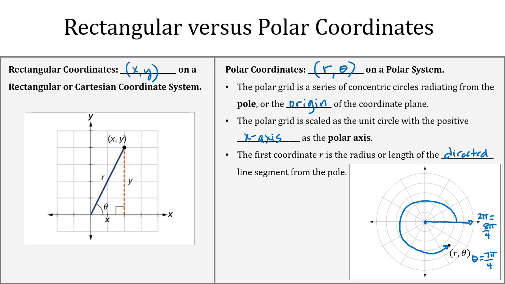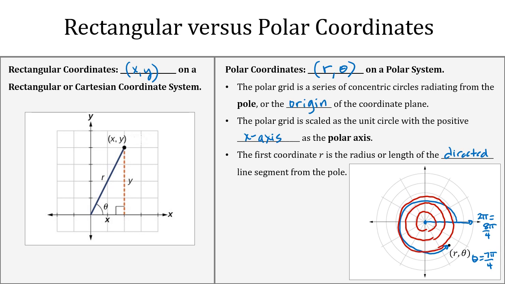Second, we would then estimate the radius of the concentric circle that the point lies on. Now, I attempted to draw that circular, but I'm a little bit off. If I look at those concentric circles, I have a radius of 1, a radius of 2, a radius of 3, and a radius of 4.